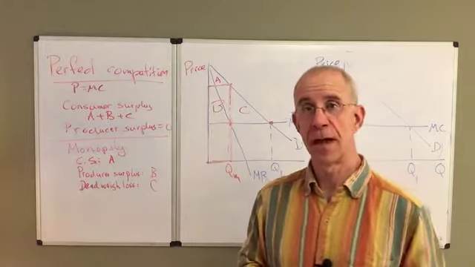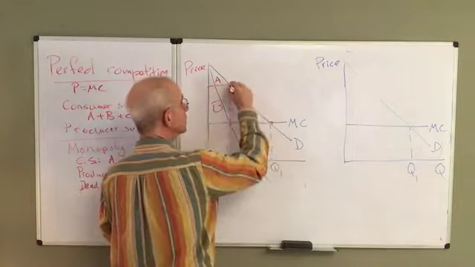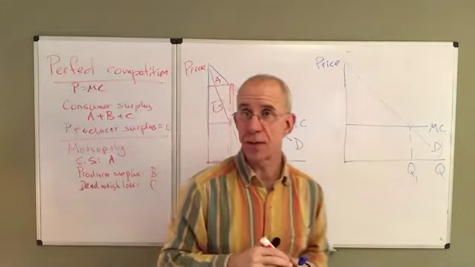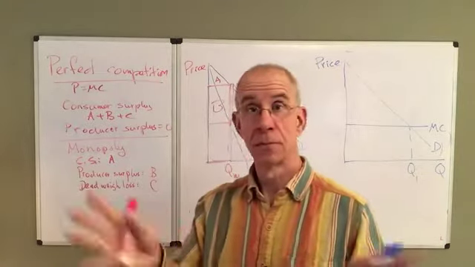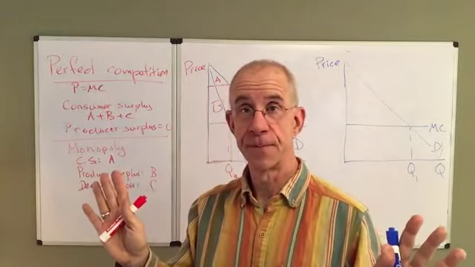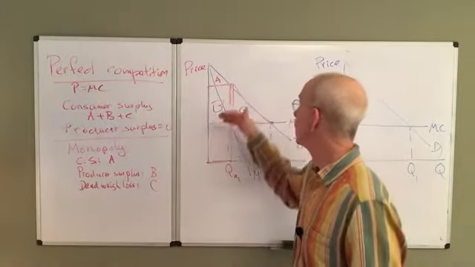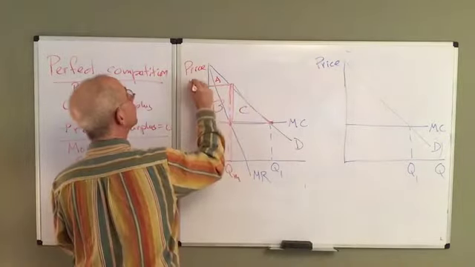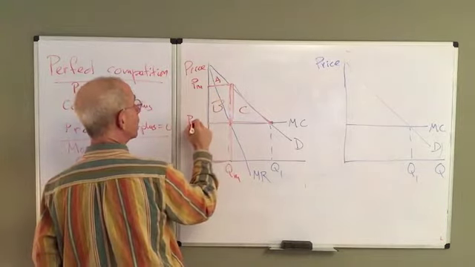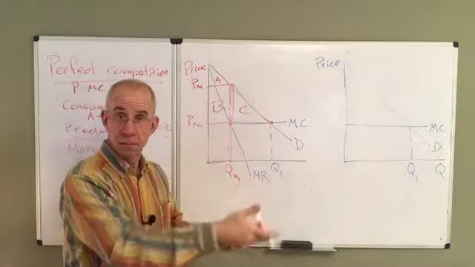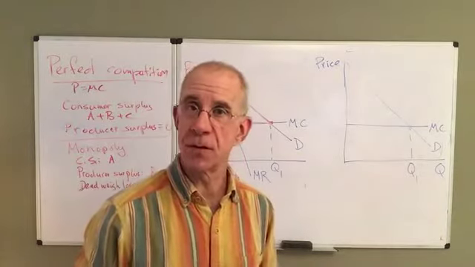And we've got these losses to consumers, which are not transferred to the monopolist. Only B is. That's just pure inefficiency. That's the deadweight loss associated with the monopoly. You're going to get higher prices with the monopoly. Perfect competition will have lower prices, higher quantity consumed. Okay, so this is all standard comparison that we've seen before.